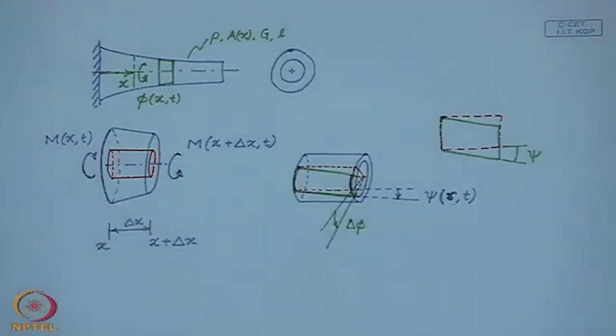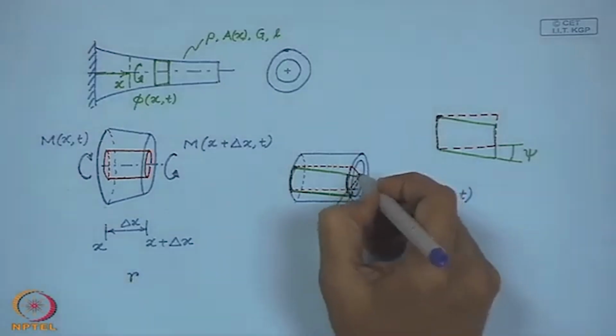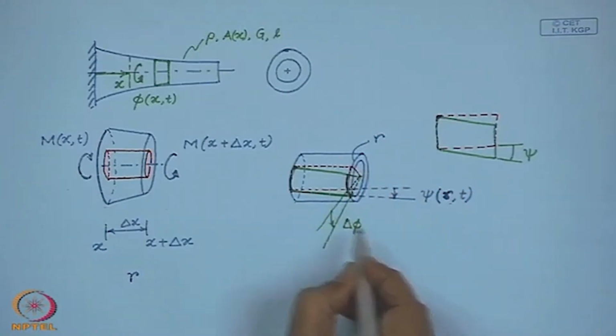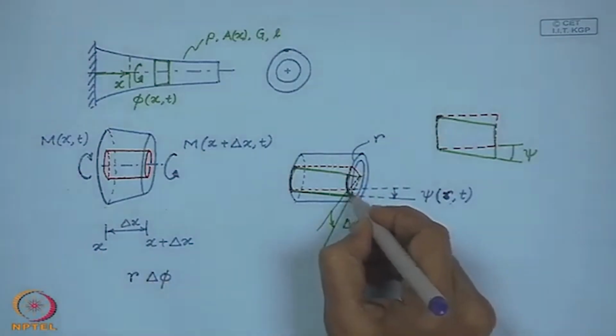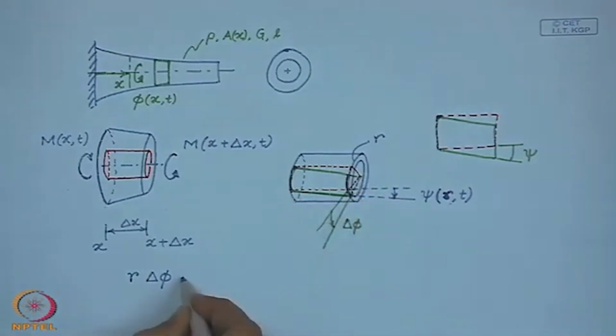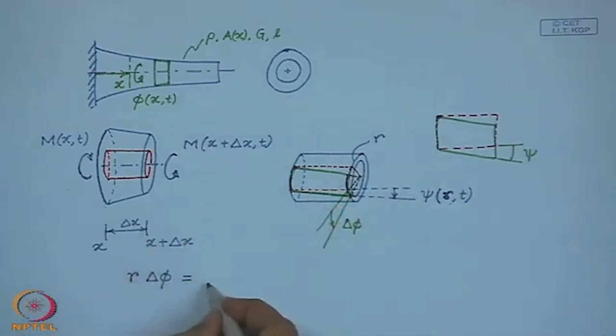So, with this kinematics, we can write, r being the radial location, r times delta phi, which is this small length, must be equal to this length, delta x, times the shear strain.